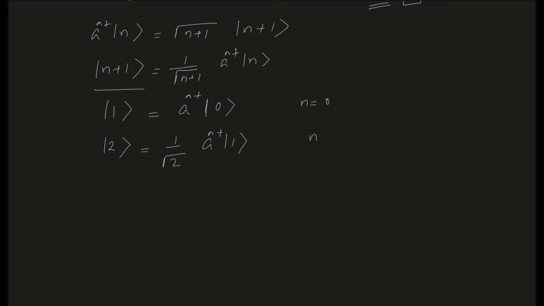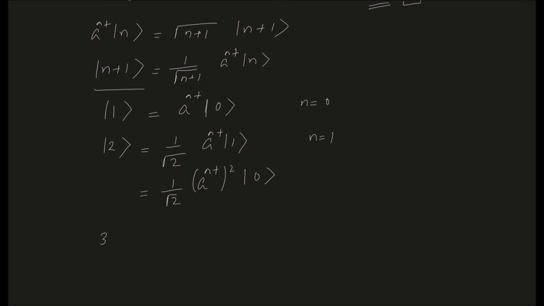So this is basically 1 by root 2. And what is a dagger acting on 1? That we have already seen here. A dagger acting on 1 will give us the same as a dagger acting on 0. So this will be written as a dagger square acting on the 0th state.